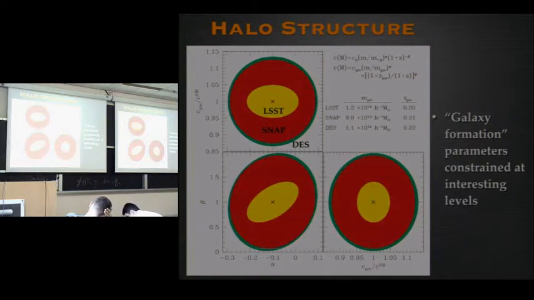So at the moment, I thought that the reason we measured the concentrations in clusters and groups was because we had the high resolution space-based data to get to small scales and high galaxy density. So why is it that SNAP and DES seem to do comparably well at this particular problem? Well, here they're measuring it statistically, first of all.